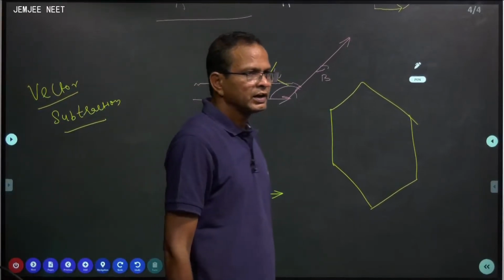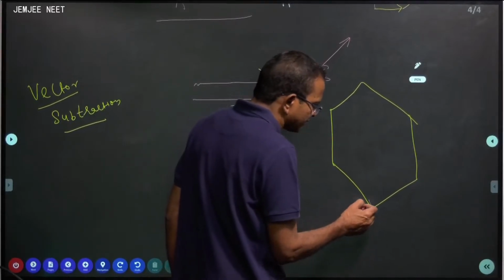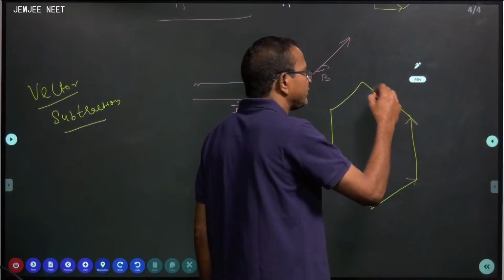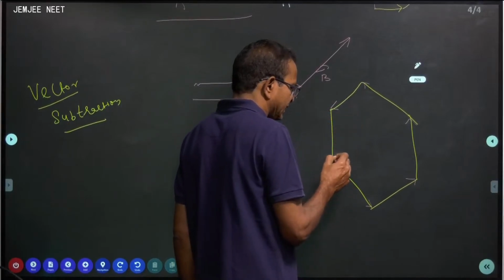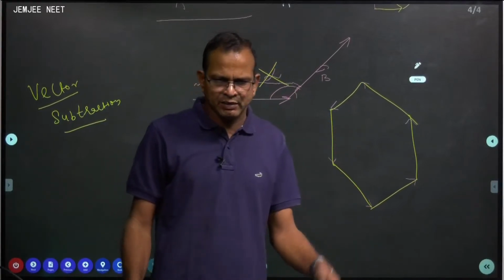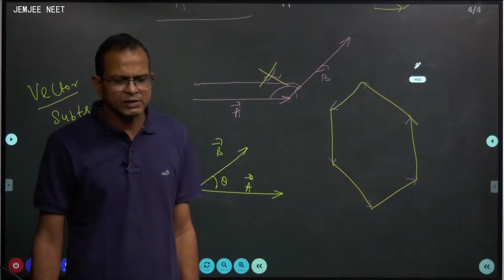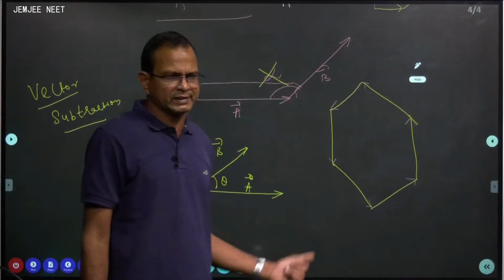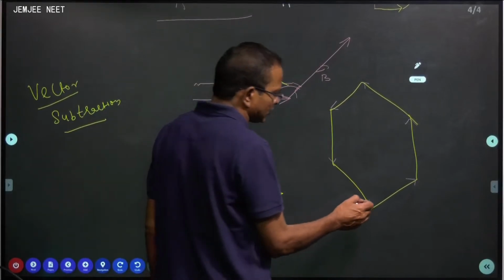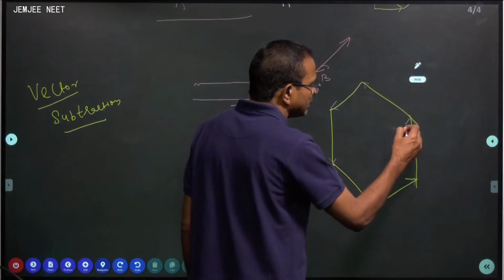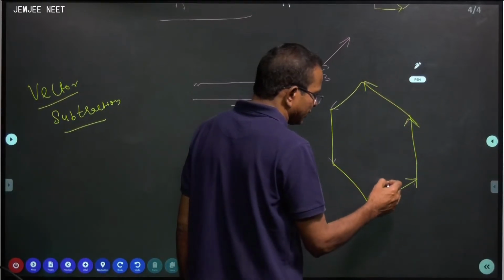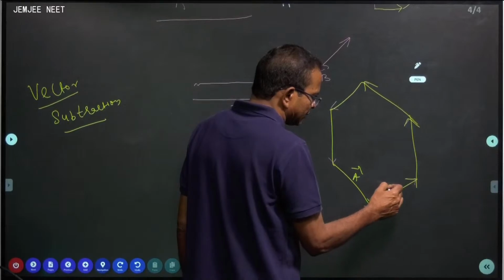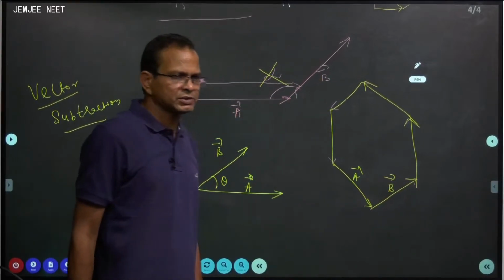Right. Suppose every side is a vector. My question for you is, what is the angle between any two adjacent vectors, vector A and vector B?